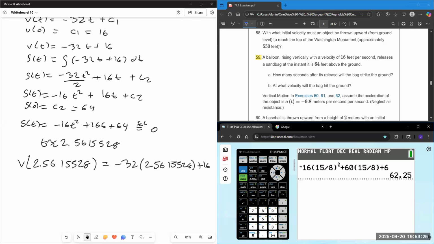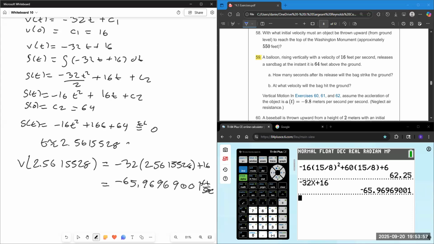So I'm going to use the x that it just solved and say negative 32x plus 16, and it's going to give me the exact answer, as if I had used the entire square root. It's going to be negative 65.96969001, and these are feet per second, and these are seconds here.